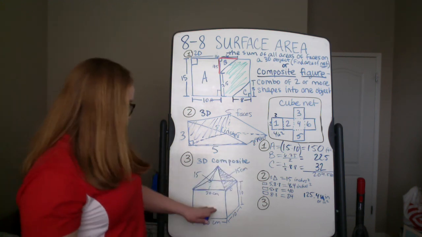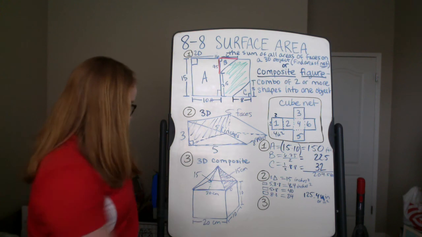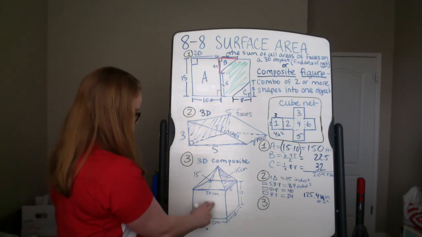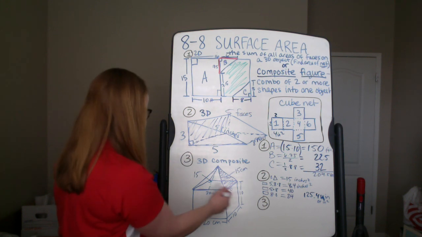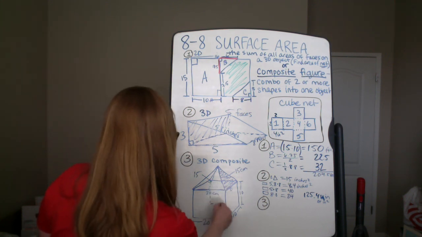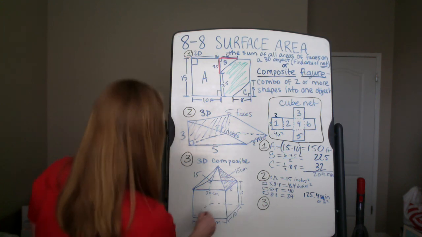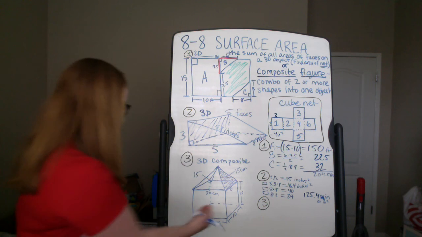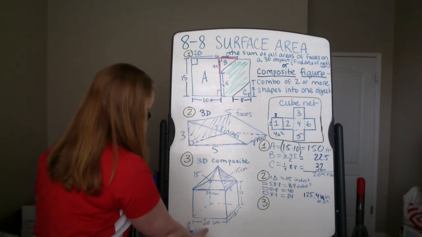And then you have to calculate each of the squares. So this would be 20 times 10 for this, and that has a buddy on the back side, right? This is so hard to show you. Think about all 4 of those shapes, and then the bottom is also going to be 20 by 10.